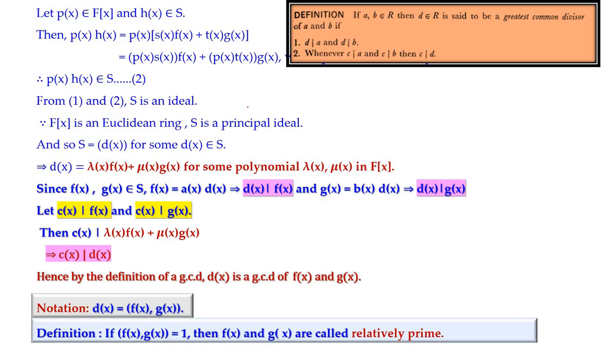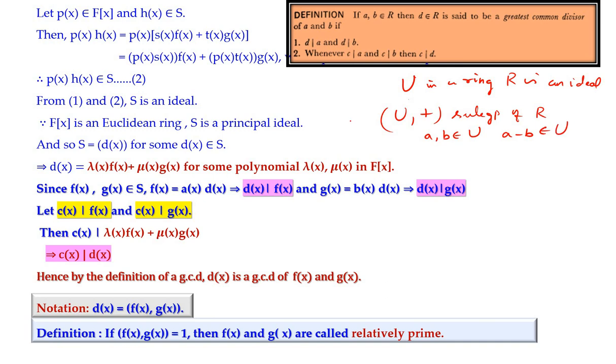So we know already that U in a ring R is an ideal if we have U to be a subgroup under addition, a subgroup of R. So that means if you consider two elements in U, the difference should be there in U. And then the second condition is for every r in R, u in U, both ru and ur should be in U. Here it is enough we consider one of them because we know that F[x] is a commutative ring.